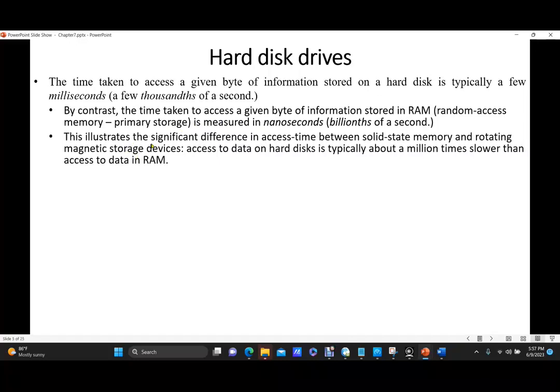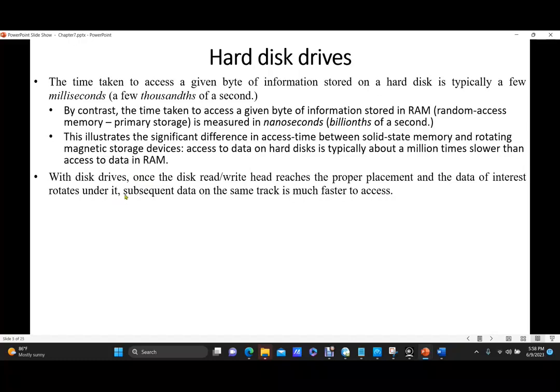This illustrates the significant difference in access time between solid-state memory and rotating magnetic storage devices. Access on hard disks is typically about 1,000,000 times slower than access to data in RAM.